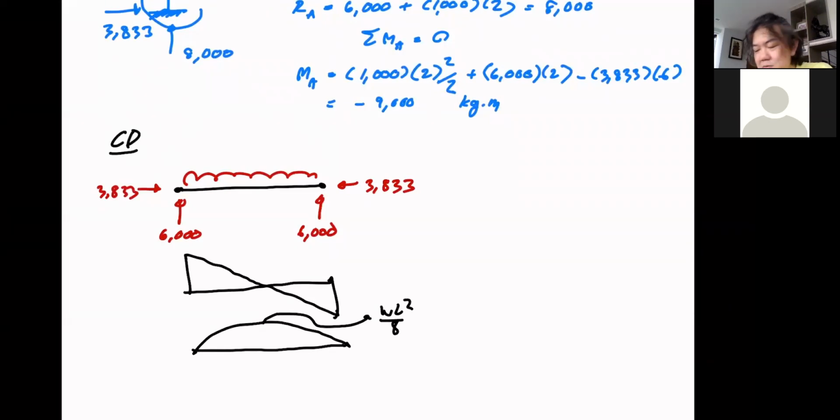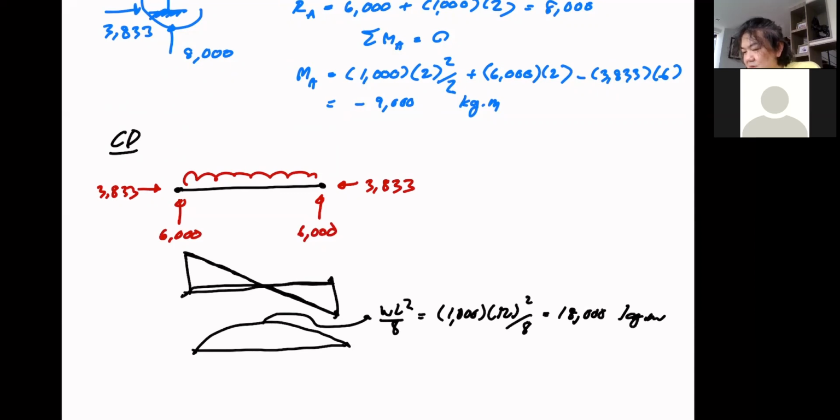You are in the 3rd year now, you must know this, right? WL squared over 8. 1,000 times 12 squared over 8. So that's 1800 kilogram meter. So that's CD over and done with. Okay, am I going too fast? No question.